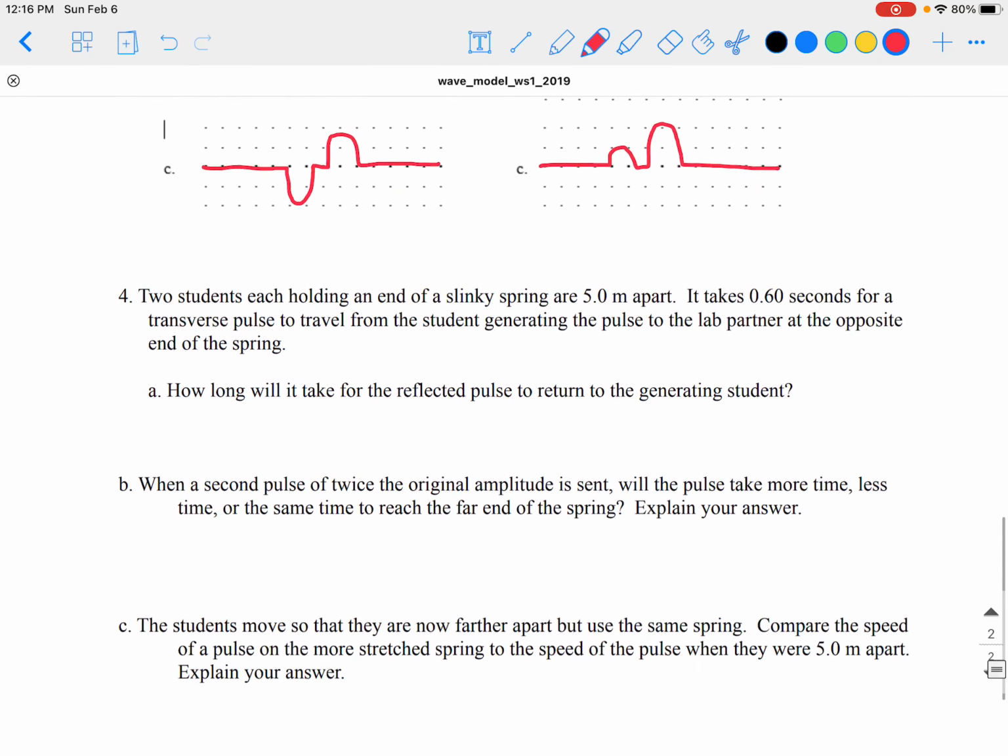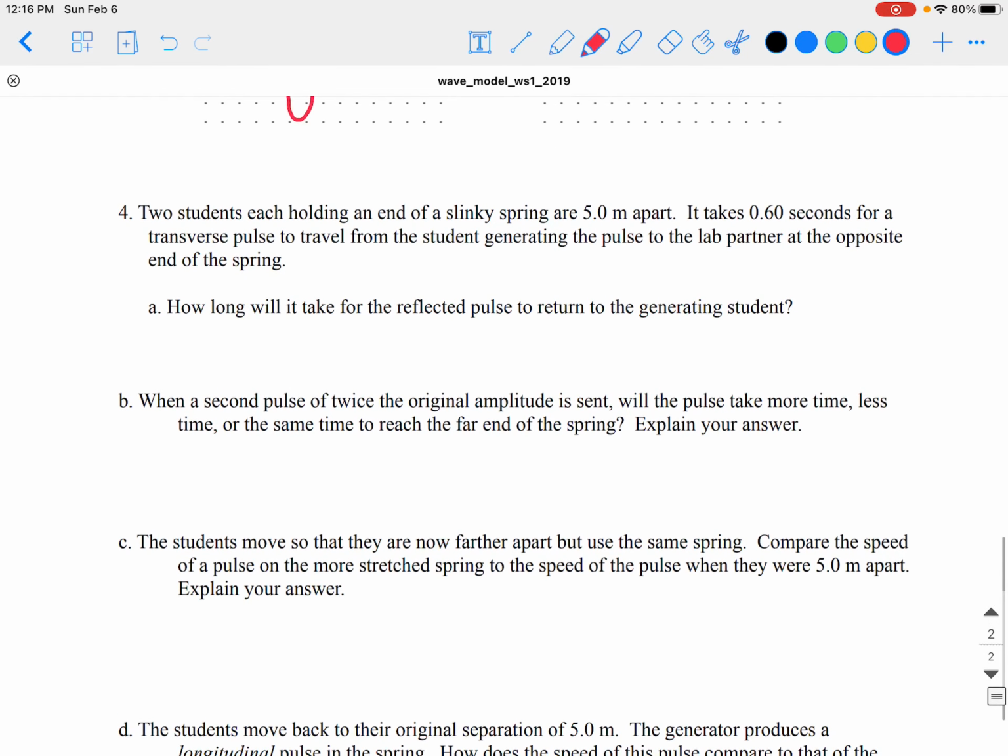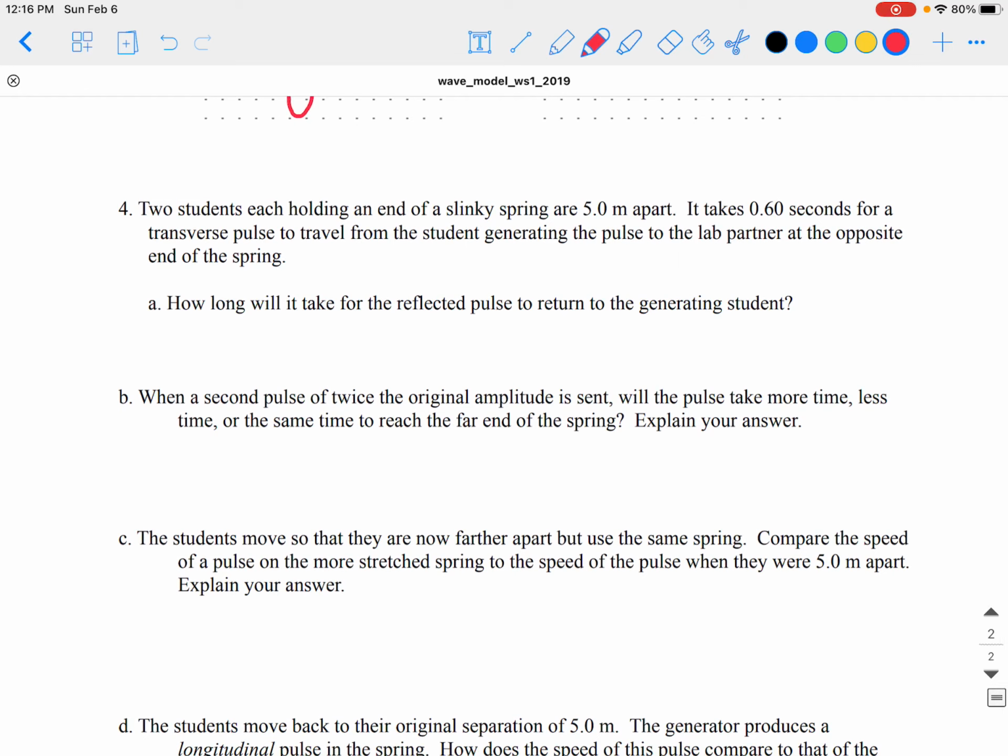And in this next example, we've got two students holding an end of a slinky, and they are 5 meters apart. So that's their distance. It takes 6.6 seconds for a transverse pulse to travel from the student generating the pulse to its lab partner at the opposite end. How long will it take for the reflected pulse to return to the generating student?